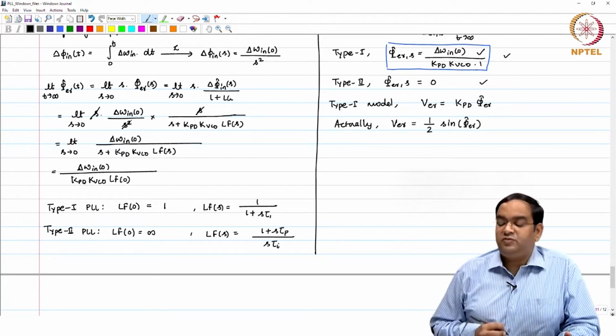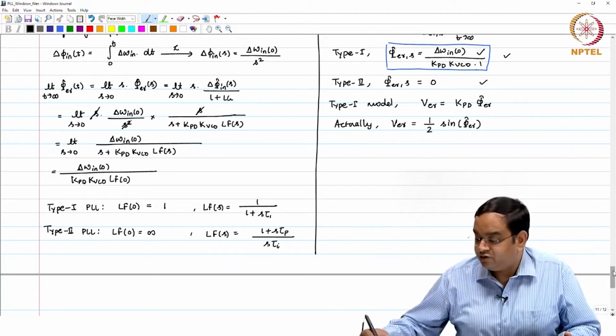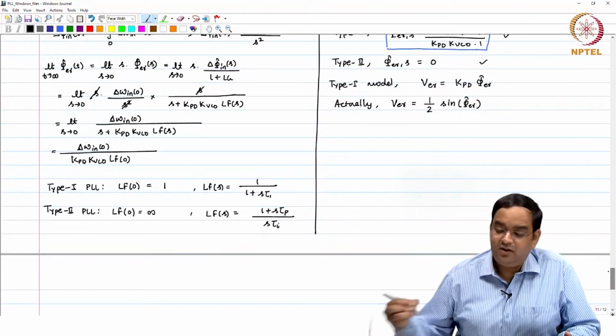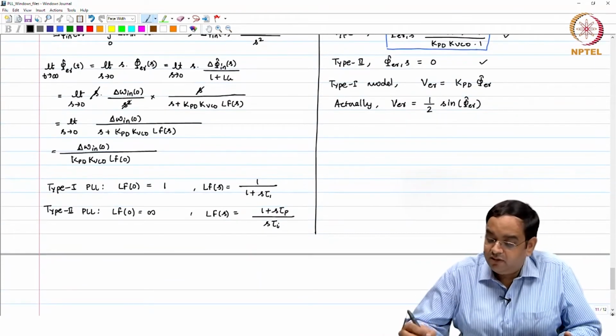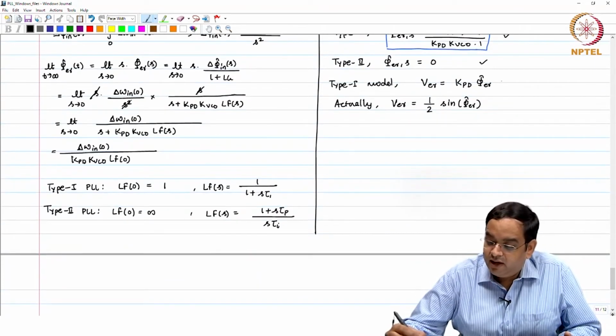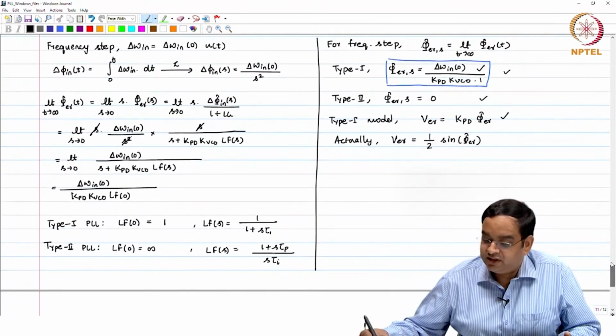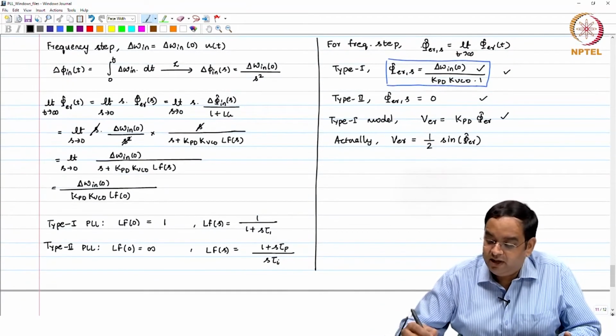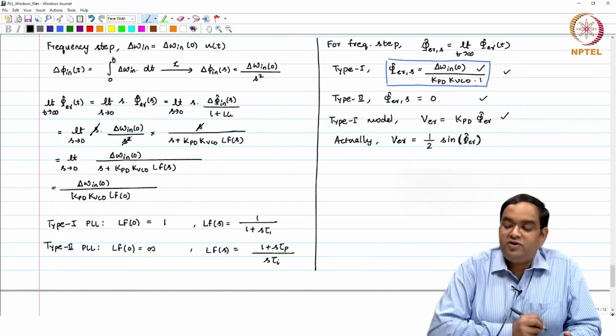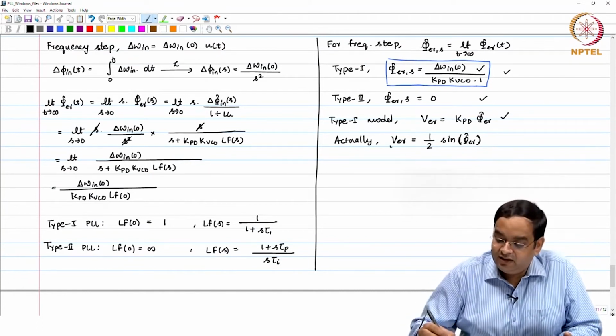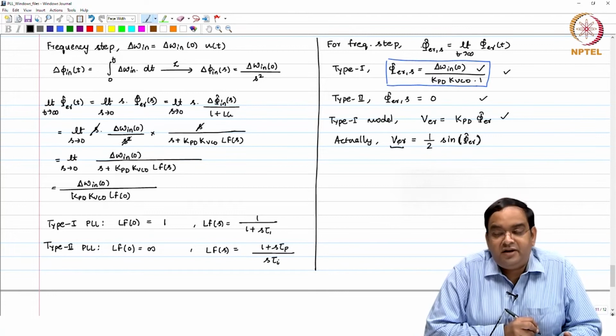We have seen this before, I am just repeating it because we are discussing with respect to types and orders. So in this model there is no restriction on phi error, okay. There is no restriction at all on phi error, but if you look at it, no matter what phi error you are going to have, there is a restriction on V error.